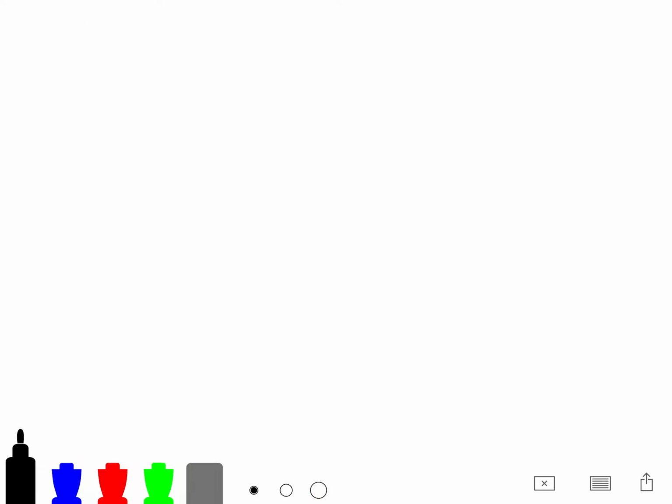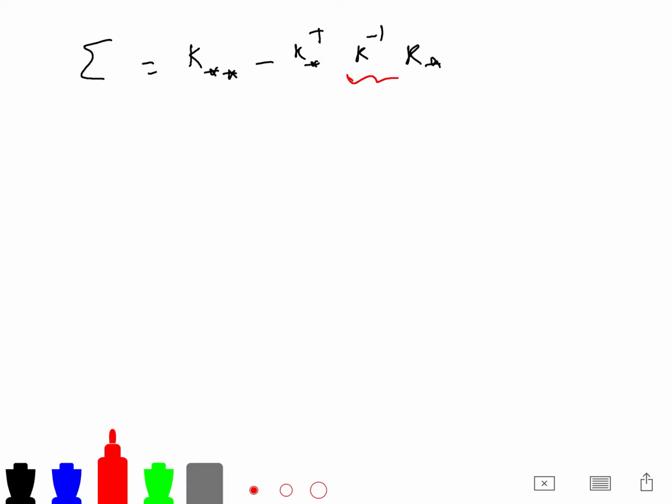So what we are going to do is write the covariance matrix. It was K star star minus K star transpose inverse of K times K star. Again, we use another variable, here beta, and so we can write K beta equal to K star.